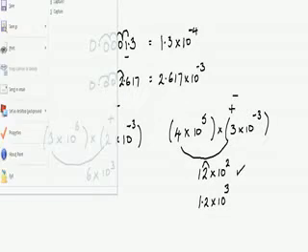Now if we look at division, and this is where signs kick in. So let's say we've got 6 times 10 to the power of 7 divided by 3 times 10 to the power of minus 4. So 3 and 6 will cancel.